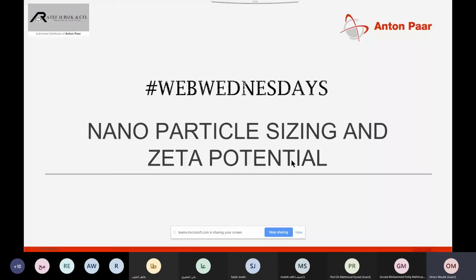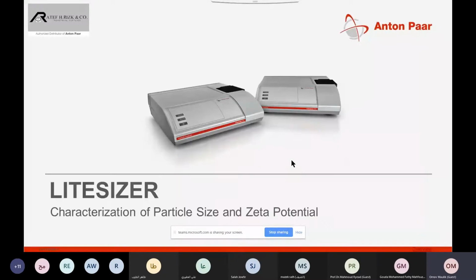So I will focus on the instrumentation part of nanoparticle measurement and zeta potential measurement using DLS or ELS techniques. What we have is a light sizer instrument, which you can see on the screen. This is to measure the particle size and zeta potential. You can also measure the molecular mass, the refractive index as well as the transmittance.